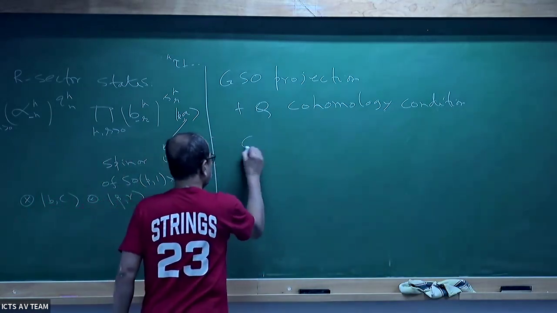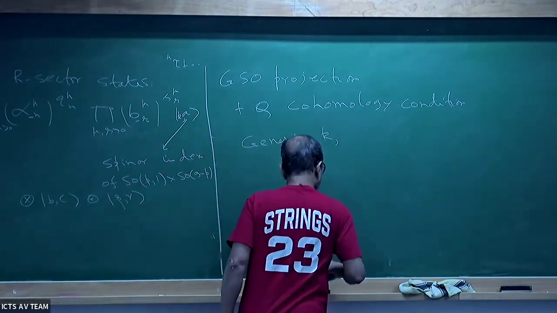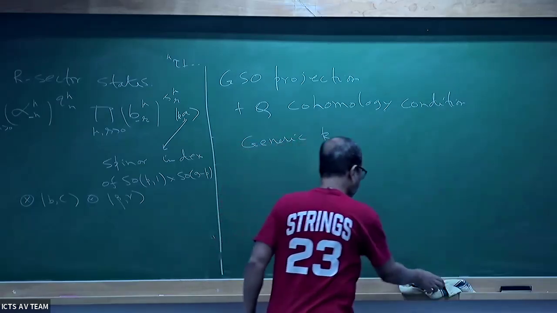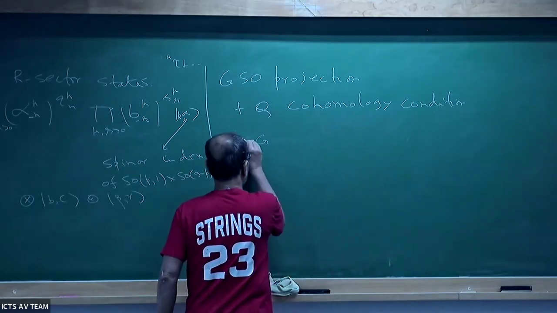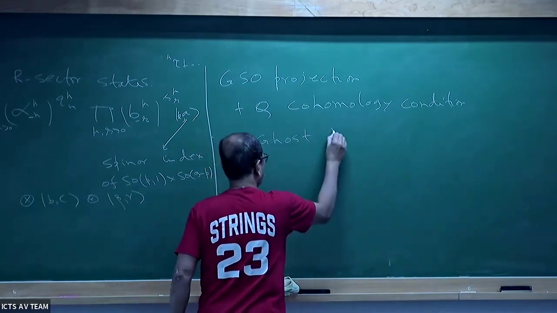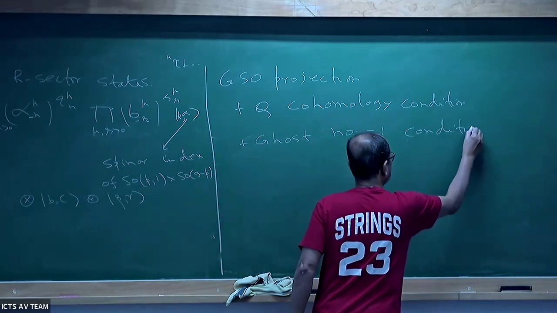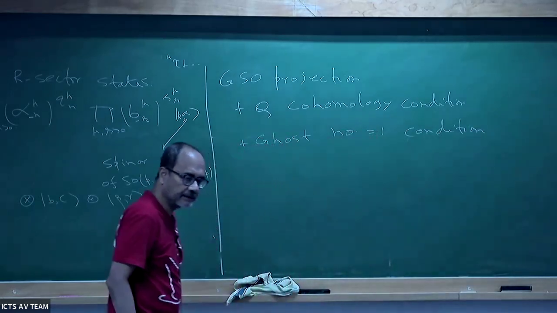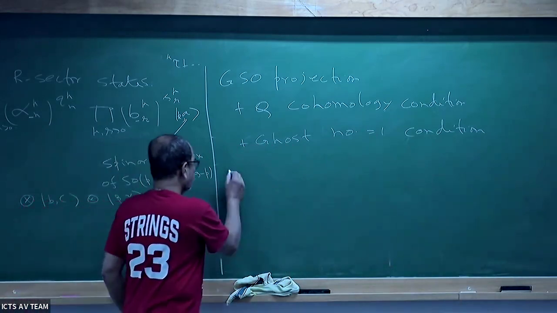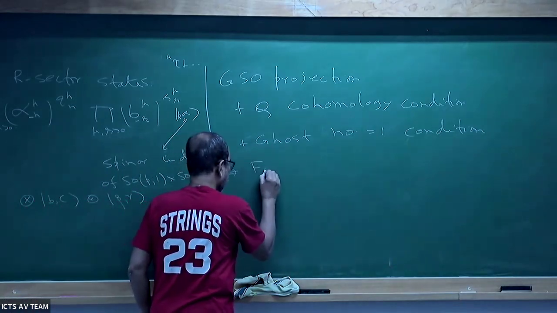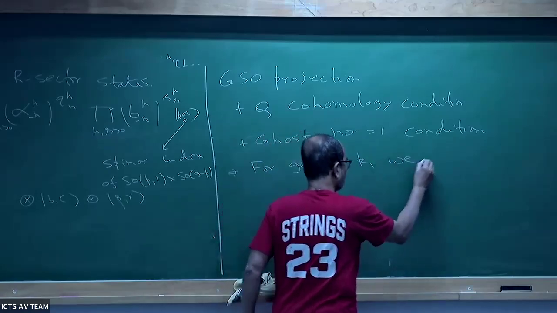And then you have the usual relation that if you have a generic K, I should also say that you put ghost number equal to 1. Just like for the closed strings, you impose a ghost number equal to 2 condition. In the cohomology, you put a ghost number equal to 1 condition, and then for generic K, we can choose representatives.